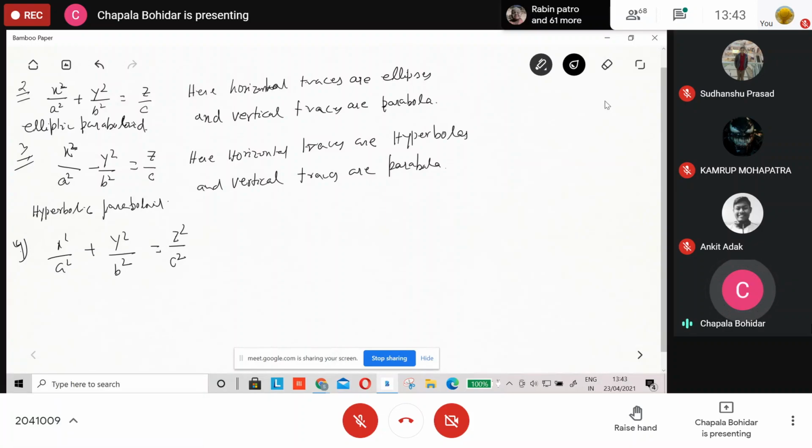Here horizontal traces are ellipses. Vertical traces are hyperbolas.